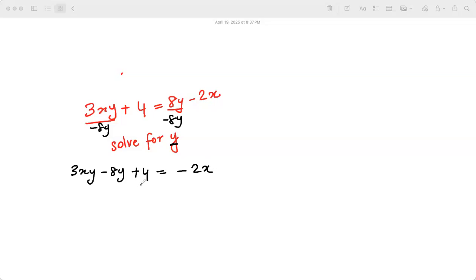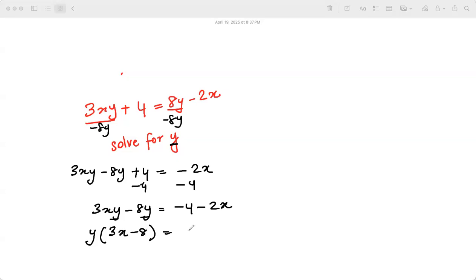But that 4 is an unwanted visitor on the left side, so subtract 4 on both sides. 3xy minus 8y equals minus 4 minus 2x. Now I want to solve for y, and y is common. Take that out. Distributive property is a treasure. Now 3x minus 8 comes inside the parenthesis.